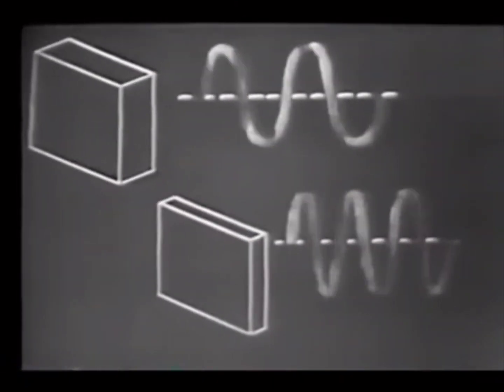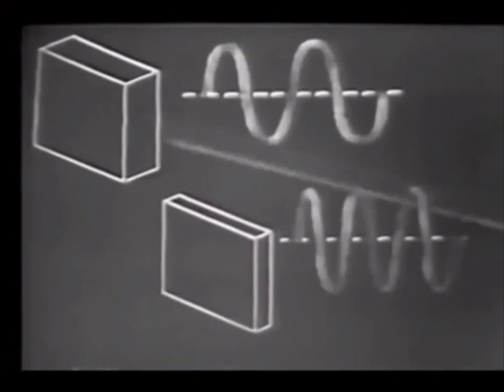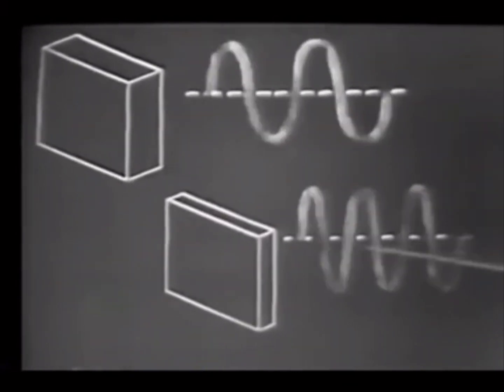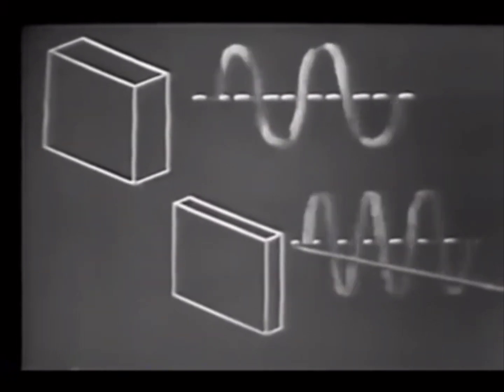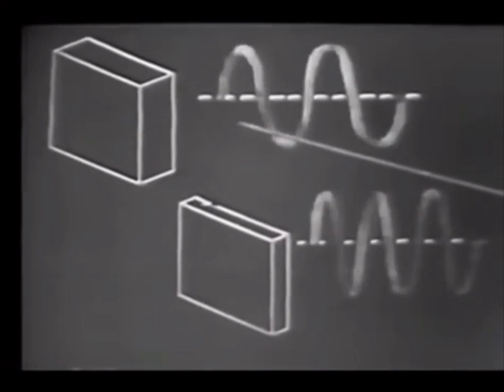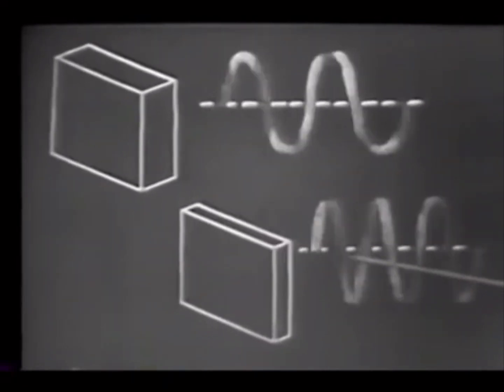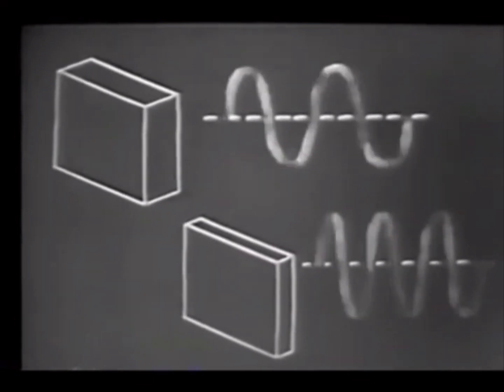As you can see, the thinner cut here, the thicker cut here. We're indicating here that the vibration of this thinner cut, or the frequency, is greater than this cut. Now, this will always hold true. The thinner the crystal cut, the higher the frequency of oscillation.